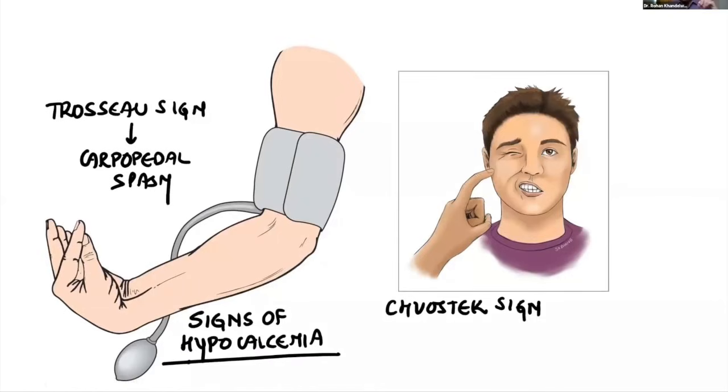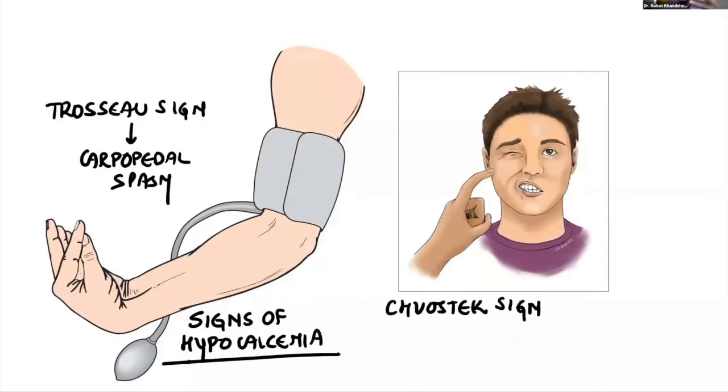These two signs have been asked many times in the FMGE PG exam. These are signs of hypocalcemia. Trousseau sign is a carpopedal spasm. When you inflate the BP cuff, the hand goes into spasm.